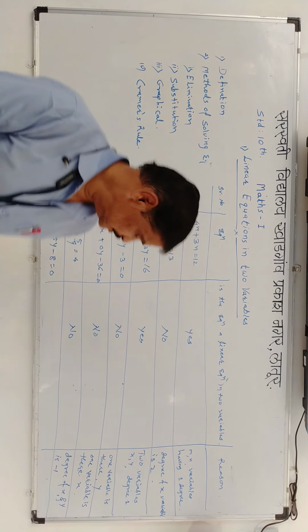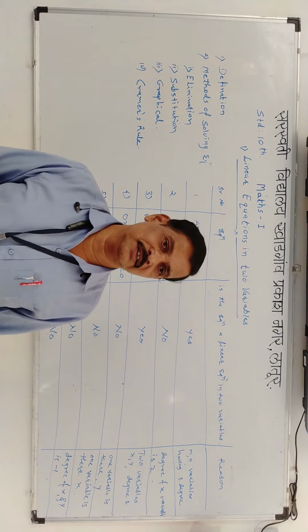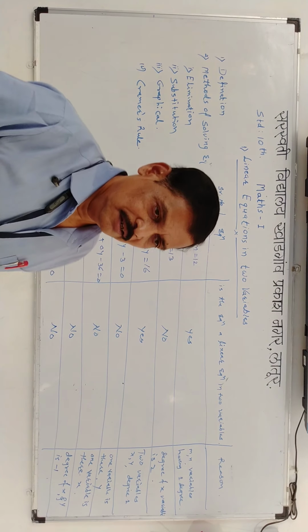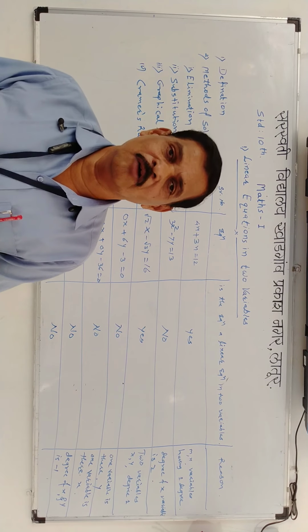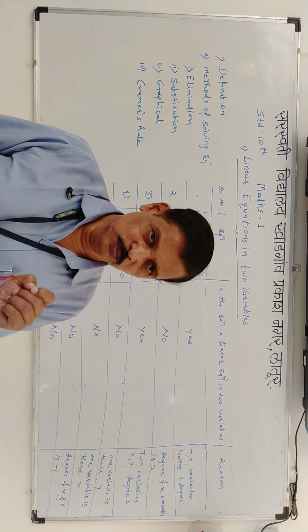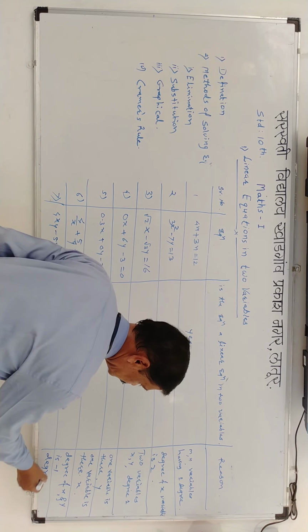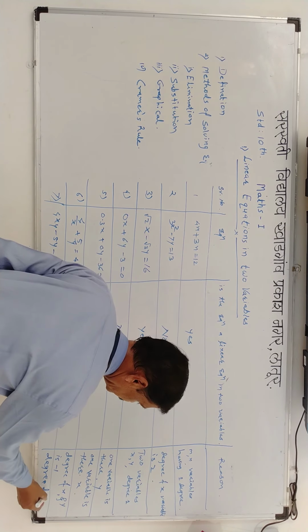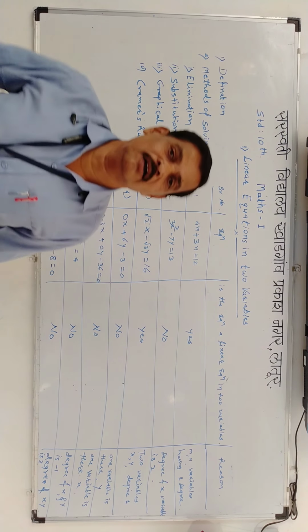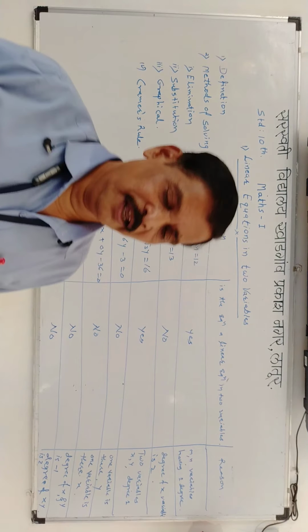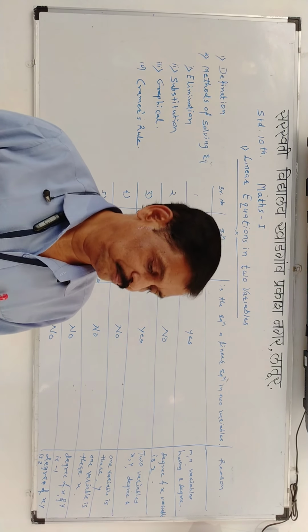No, it is not a linear equation, because the degree of xy is 2. So it is not a linear equation in two variables.